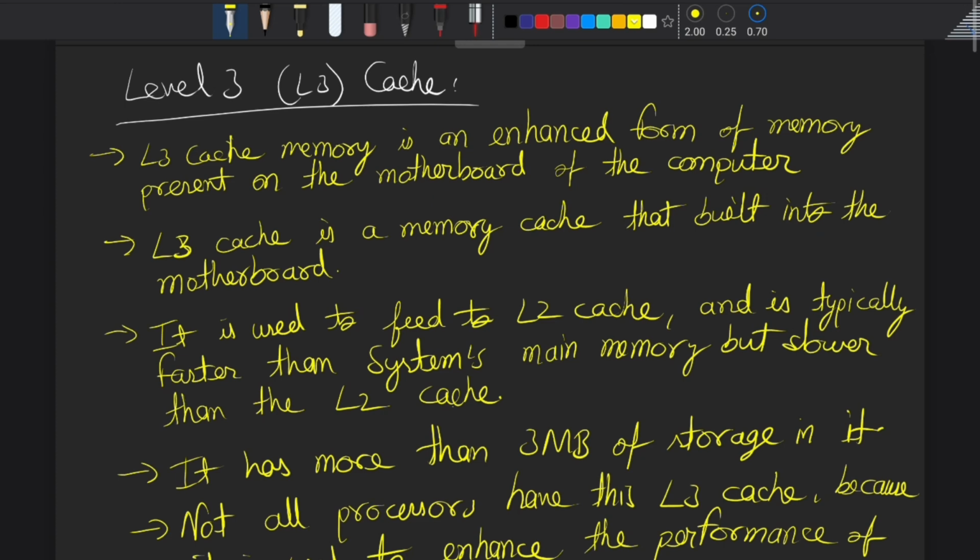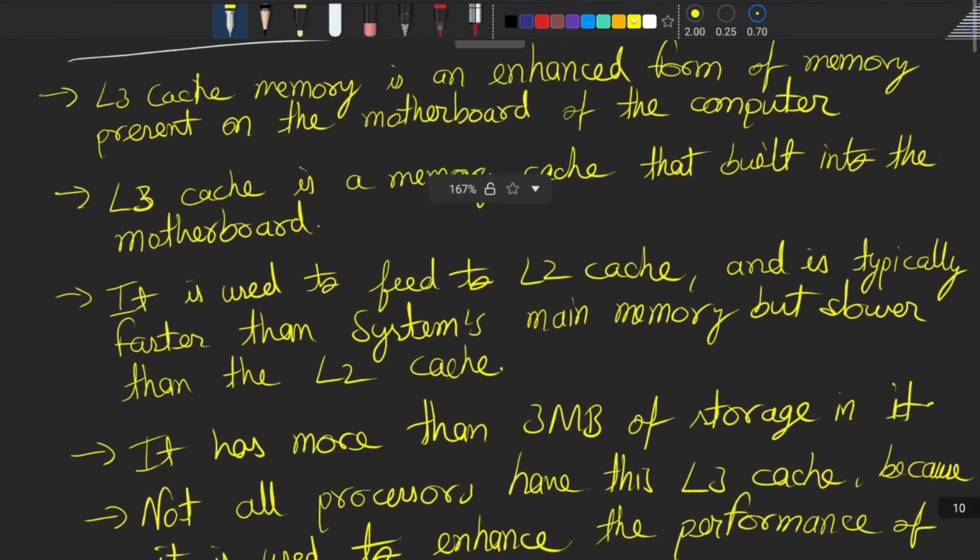It is used to feed the L2 cache and is typically faster than the system's main memory, but of course slower than the L2 cache, which is slower than the L1 cache.